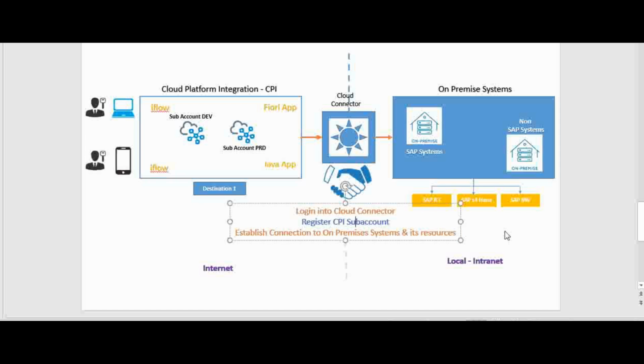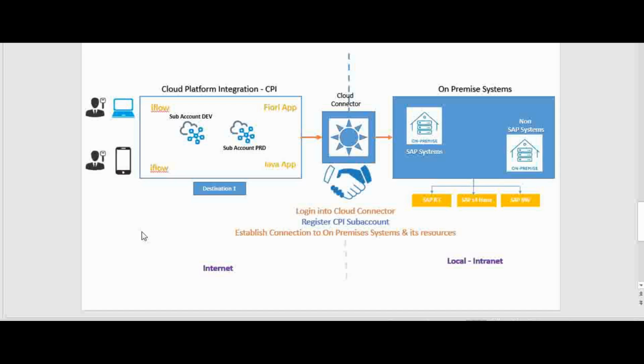Just as a hypothetical example, for the development subaccount, I will register only SAP R3. For the quality subaccount, I will register R3 and S4 HANA both, like that. So now you understand how the perfect handshake happens.